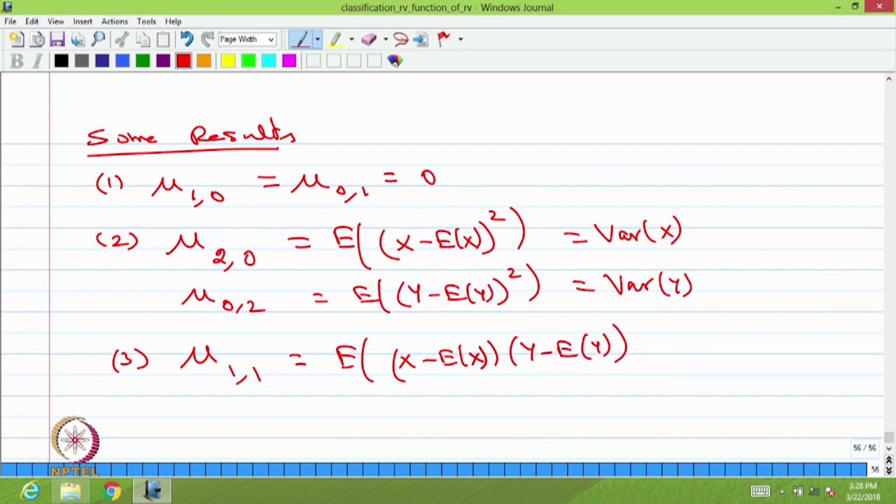So I am going to make it the next definition, that is called the covariance between X and Y.